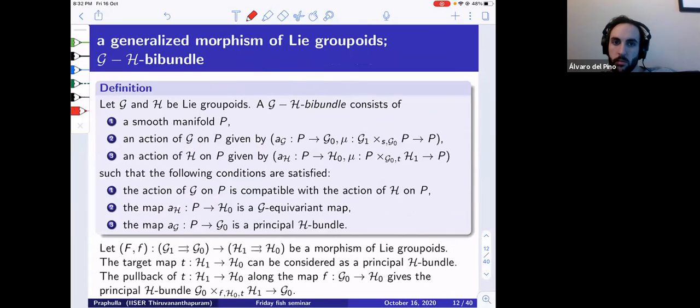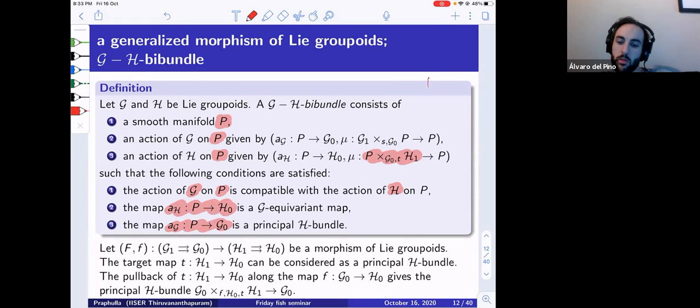Given two Lie groupoids G and H, a bibundle consists of a manifold P, a right action of H on P, and a left action of G on P, such that these two actions are compatible. On P there are two actions, one from G on the left side and one from H on the right side, such that the anchor map, the map mentioned in the relative product, is a G-invariant map, and the second condition is that the anchor map is a principal H bundle.